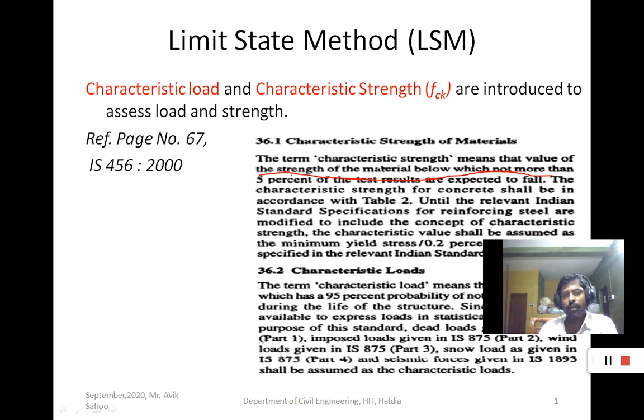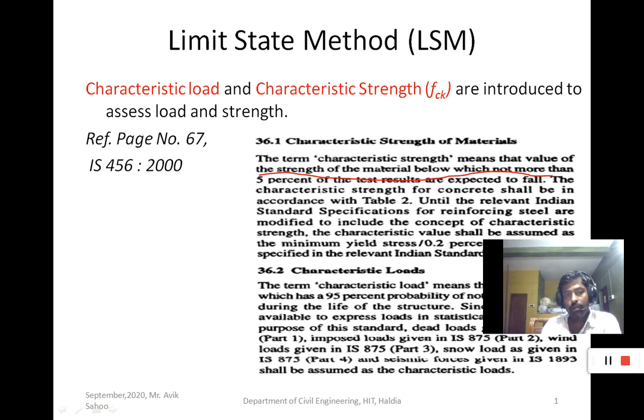So the probability is considered to estimate the characteristic strength, because there are a number of uncertainties involved. That's why, to define the characteristic strength, the probabilistic approach is introduced for concrete.